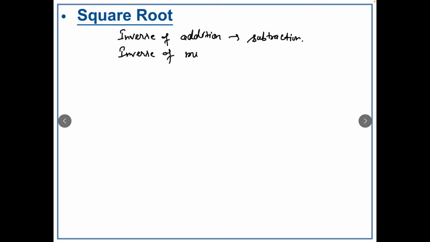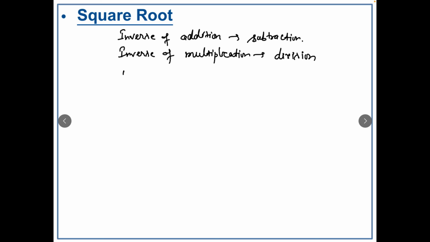You have studied that the inverse of addition is subtraction, or the inverse of subtraction is addition, and the inverse of multiplication is division, or the inverse of division is multiplication.